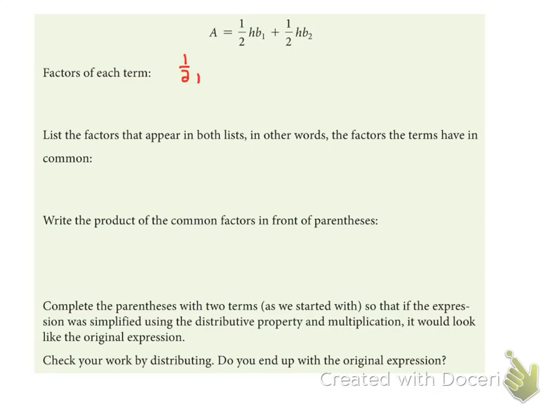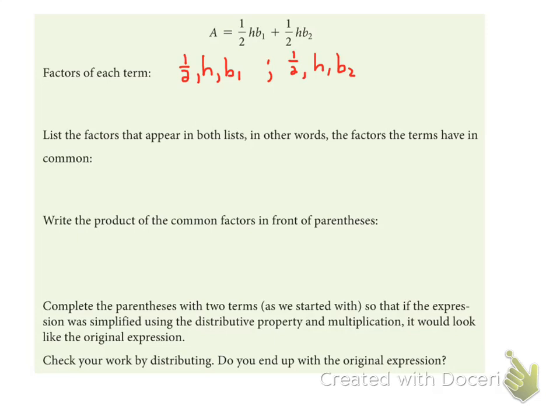What else in the first term? H and also B1. Those are all multiplied together. Those are all factors. Now look at the second term. What are the factors there? 1/2, H, and B2. There you go.